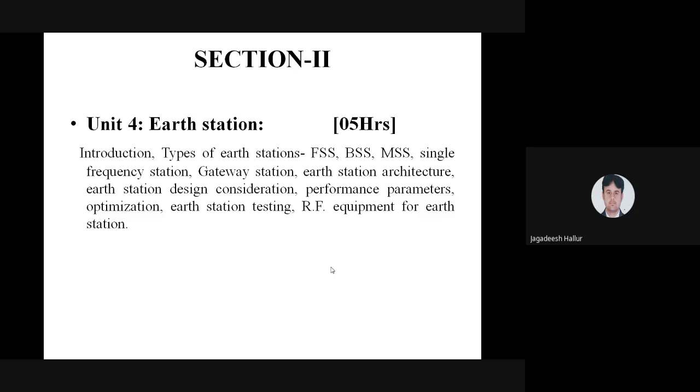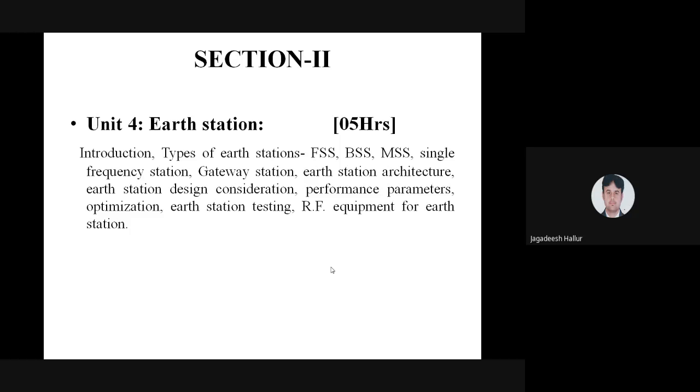Next, it requires a particular gain, that is G, and it requires an aperture antenna, and it requires a total received power at the receiver end, and it requires a C by N, that is carrier to noise ratio, and it requires a G by T, gain to temperature ratio, and it requires signal to interference ratio, and it requires signal to noise ratio, that is SNR. These are the performance parameters present in a particular Earth Station.